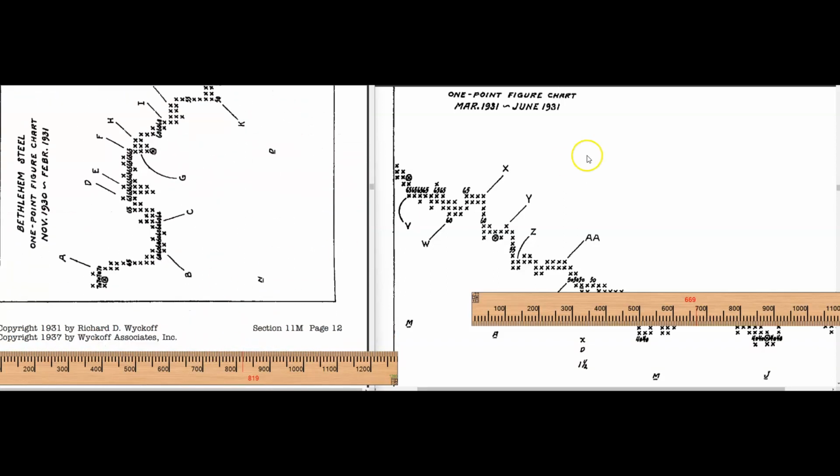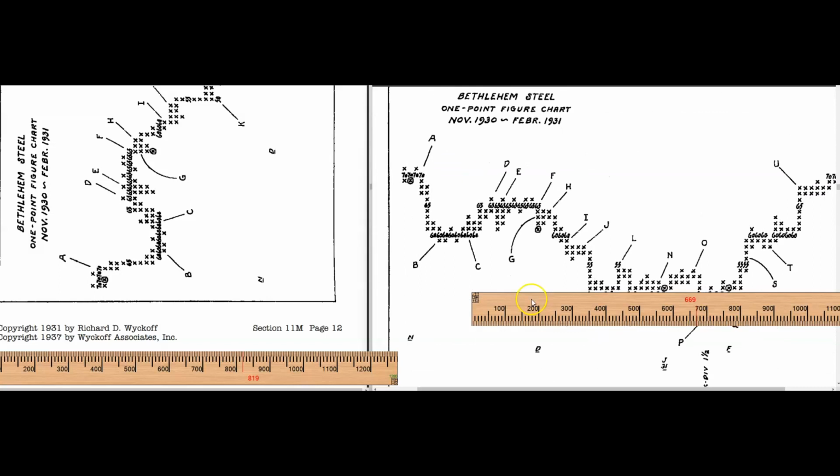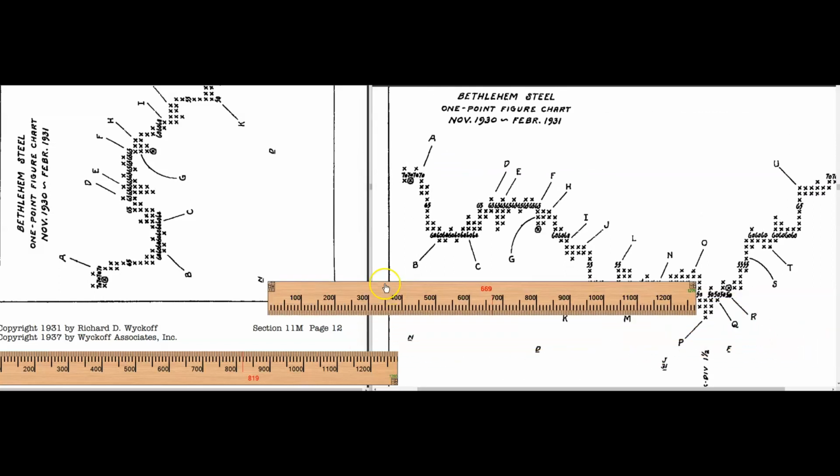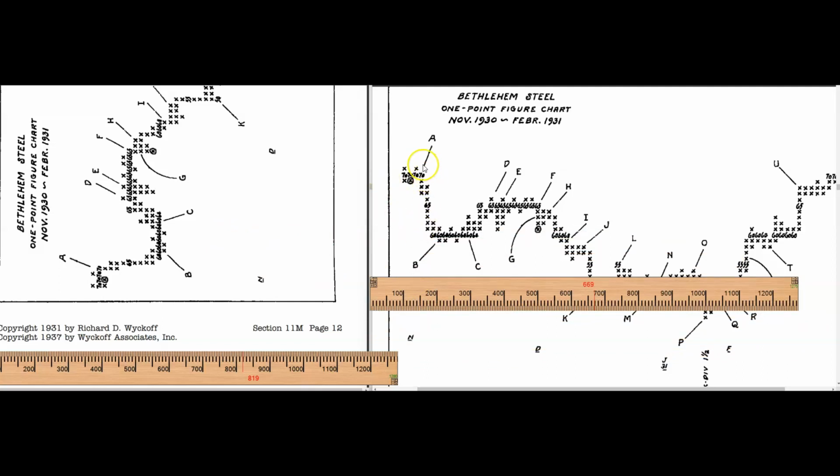All right. So, what's the point of this? Without getting into all of the intricacies, it rallies from A to B. At B, it forms a count across the low: 1, 2, 3, 4. Only 4.